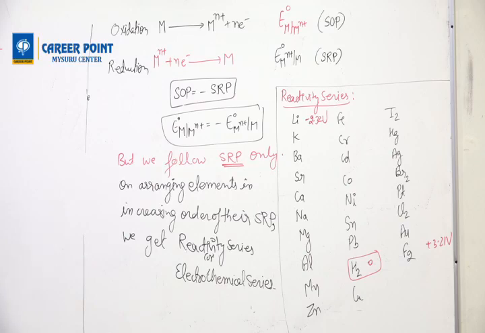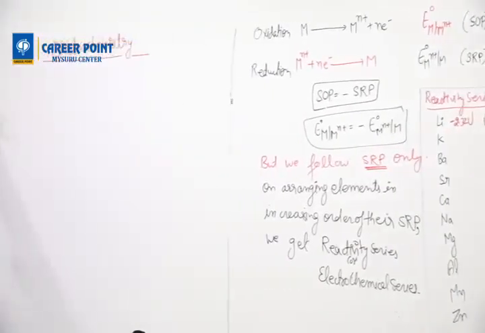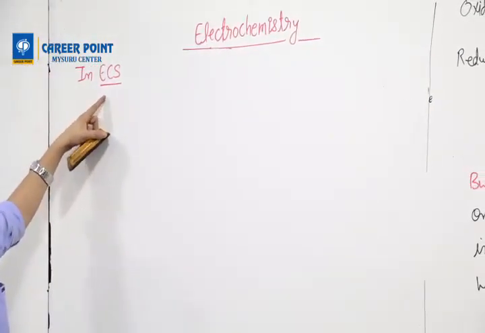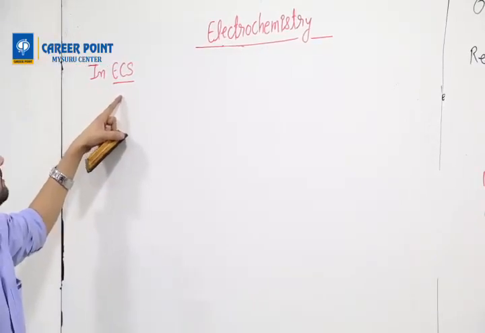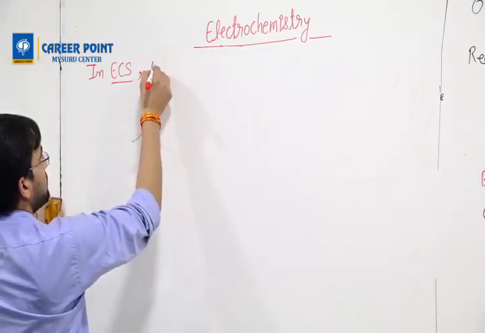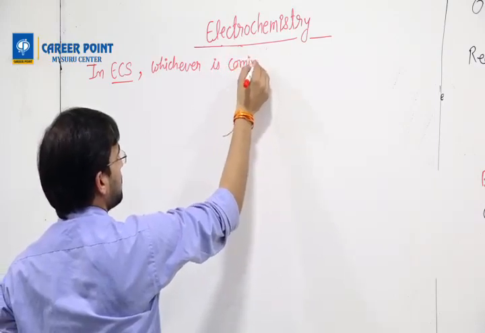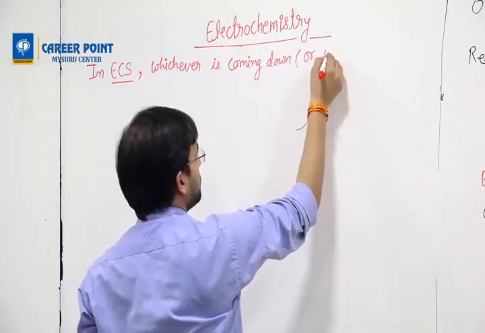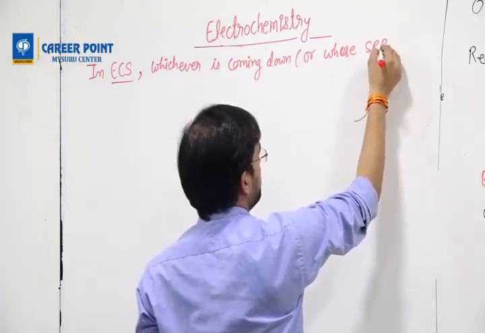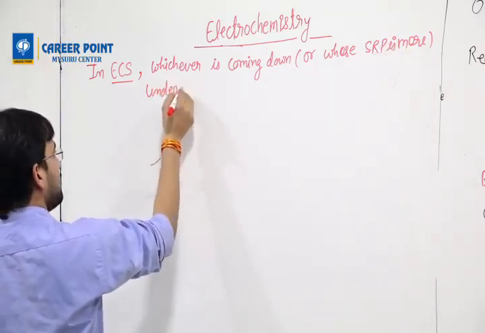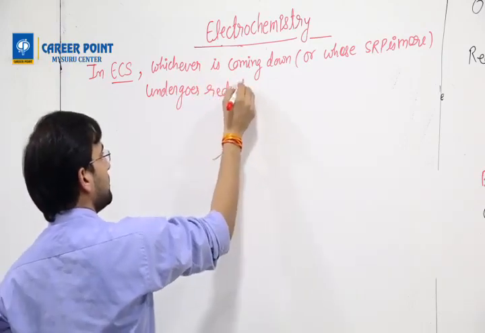Now we come to this side. In the electrochemical series, ECS stands for electrochemical series, whichever is coming down, or whose SRP is more, undergoes reduction.